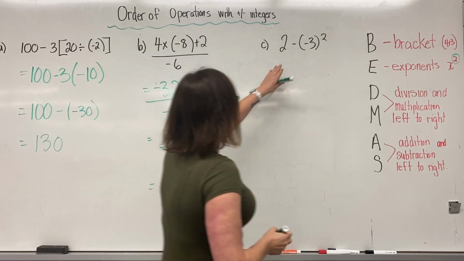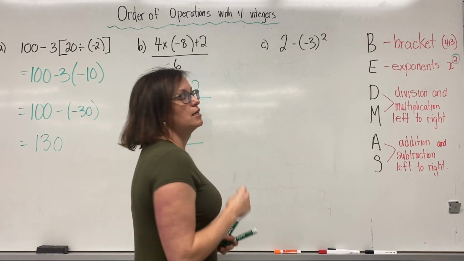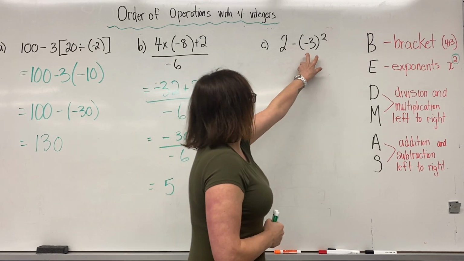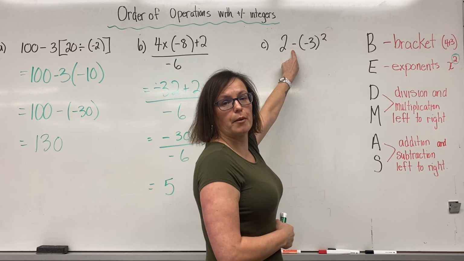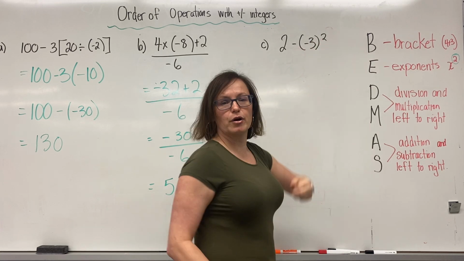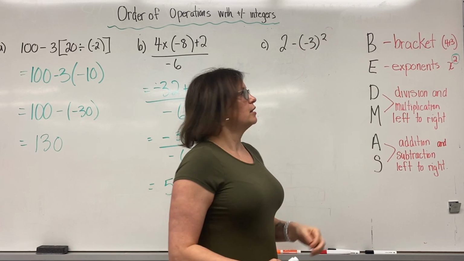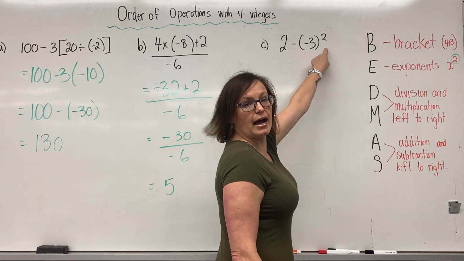All right, and our last equation, 2 subtract negative 3 to the exponent 2. So again, you see that the negative integer is within brackets. That's to separate it from the operation so that we're not confused. So I look at brackets, yes, I have one, but there isn't an operation in there. So I don't need to solve this. Next is exponents. I have that.